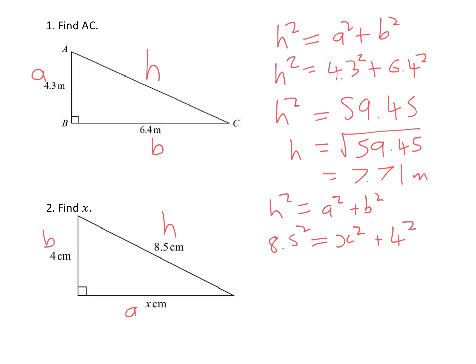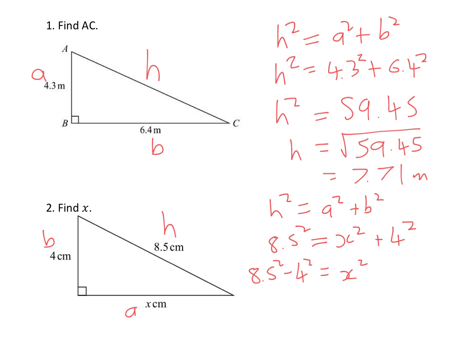This time, we're not finding the longest side, we're not finding the hypotenuse, we're finding the x, which is just on this side. We want to isolate the x squared, or get it on its own. So we'd have to take the 4 squared off that side. So we take 4 squared off both sides.